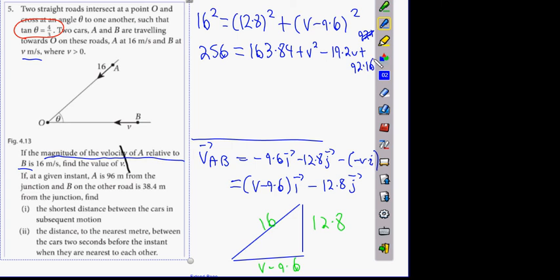Now, it's not the nicest v squared question I've ever had in my life. Okay, it's particularly nasty, to be honest. So I get v squared minus 19.2v. Can somebody tell me what is 163.84 plus 92.16 and then take away 256? Zero. Is it 0? Oh, that's really great.